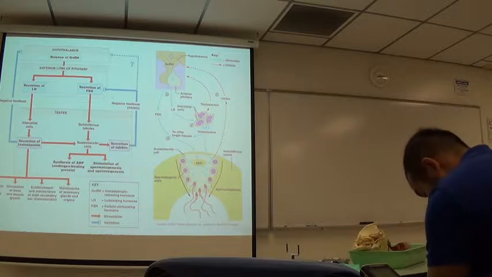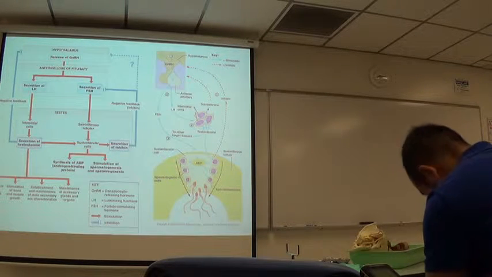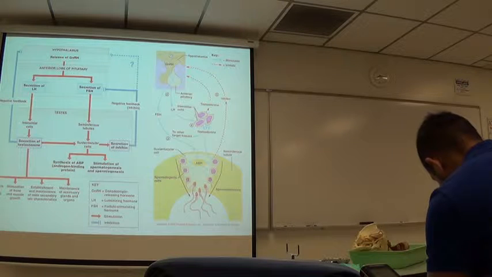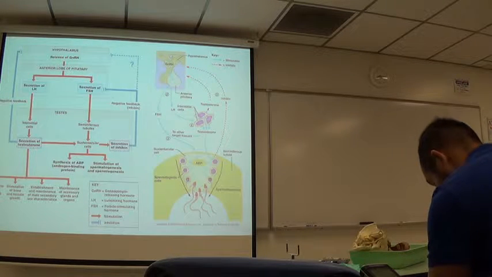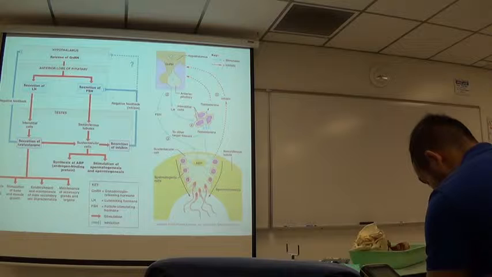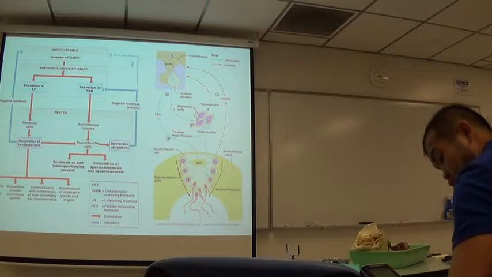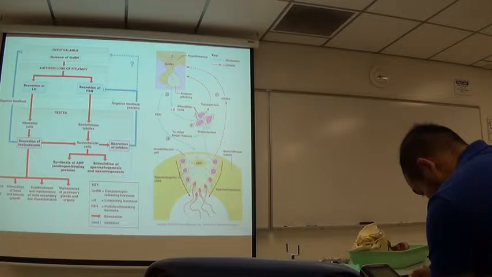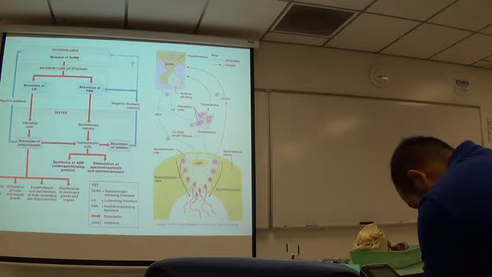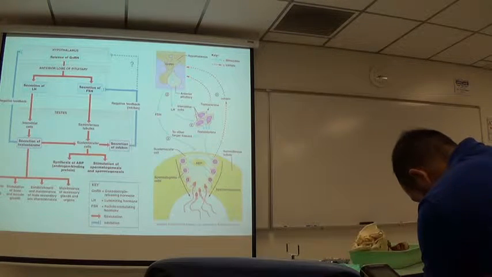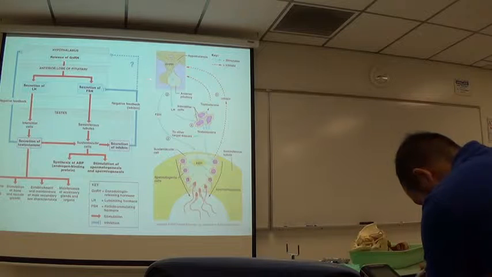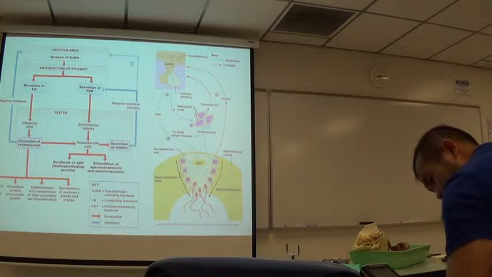How is this going to get to the anterior pituitary gland? Through the portal system. Exactly right. So it's going to move into cap bed 1, travel in the median eminence right here, travel down the portal system through portal veins to the anterior pituitary, and leave the portal blood via cap bed 2 and enter the anterior pituitary.